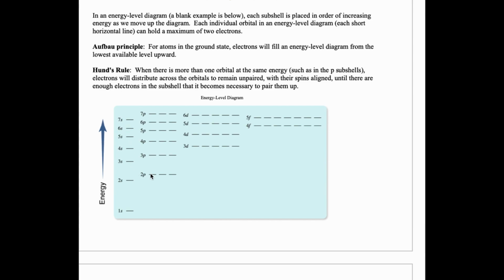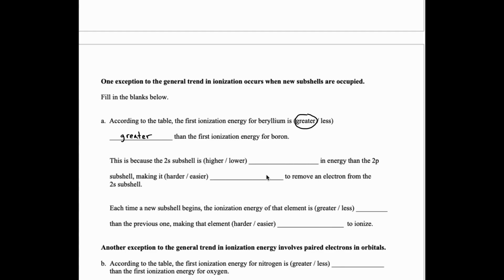So the 2p shell is at a higher energy than the 2s shell. So the 2s is at a lower energy level than the 2p. That'll make it actually harder to remove an electron from the 2s. The more energy they have, the farther on average they are from the nucleus, the easier they are to pull off. And this is a trend that we generally see.